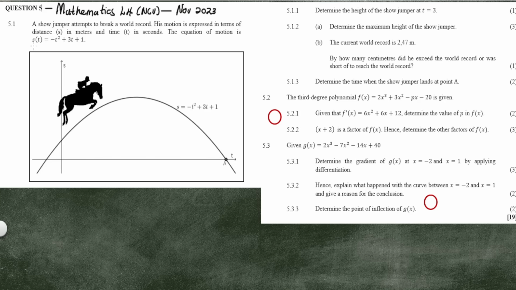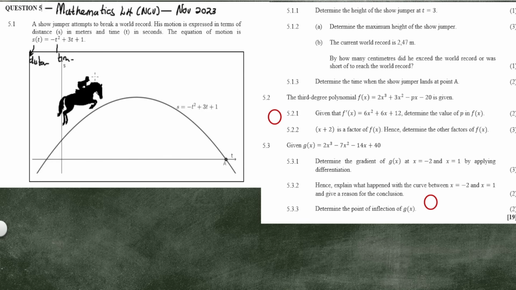S represents distance, T represents time. The distance is a quadratic equation, right? It's a parabola. So the distance covered is a function of time.